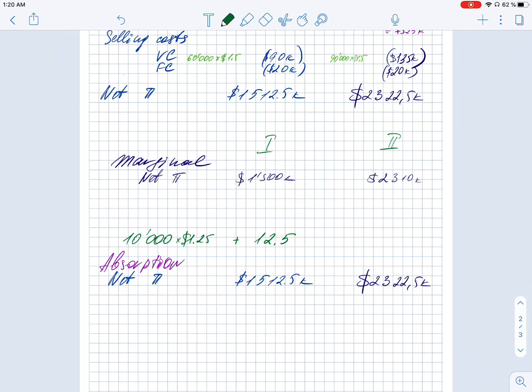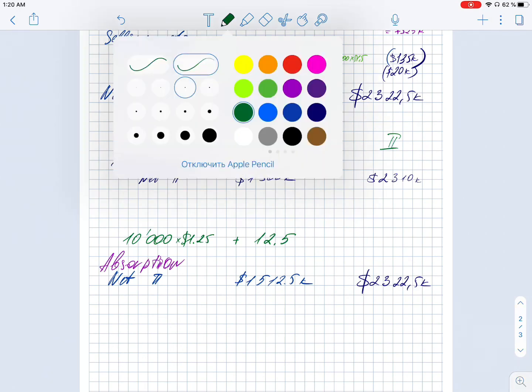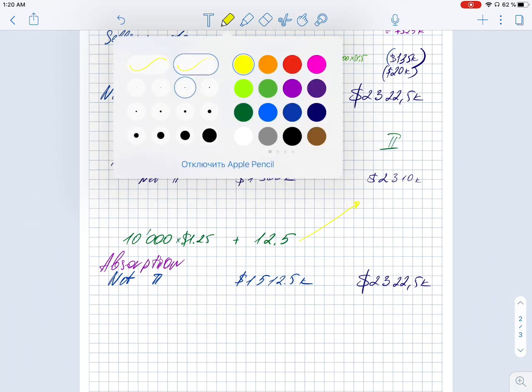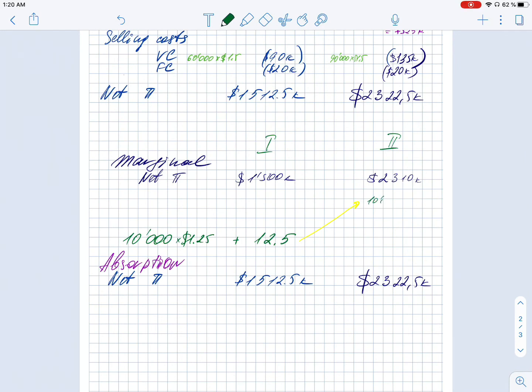What for the second quarter? In the second quarter, that amount of 12.5 would be expensed. So we have to deduct 10,000 units multiplied by 1.25. So that amount, $12,500, should be deducted from the profit under marginal costing, and we have to add back 20,000 units multiplied by 1.25, which is eventually closing stock for the second quarter.